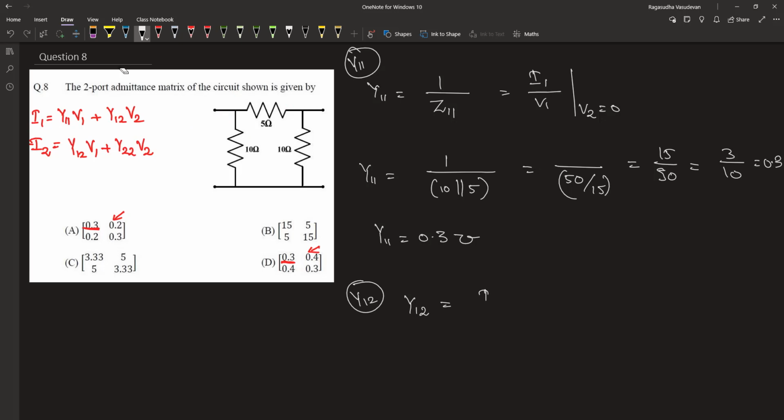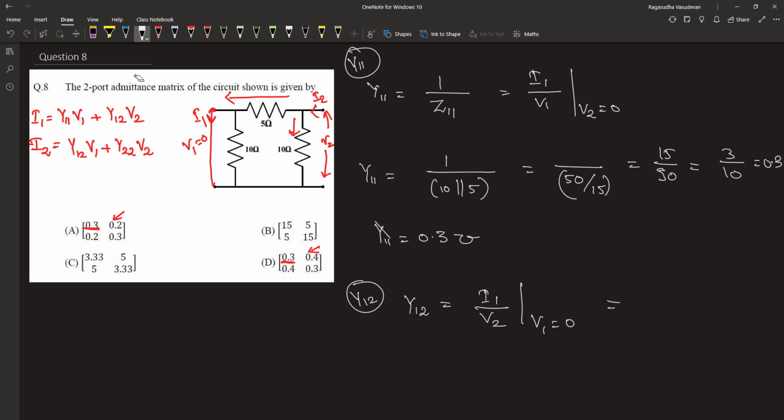Y12 will be I1 divided by V2 when V1 is 0. Now we are short circuiting the input port to make V1 0, and we are supplying the voltage V2 from the output port. The current I2 will travel into this circuit, and this will divide into two paths. One is through the 10 ohm resistor and the other one is through the 5 ohm resistor.